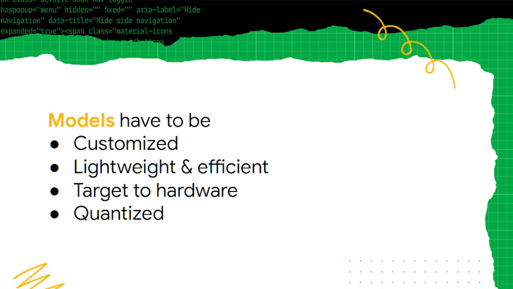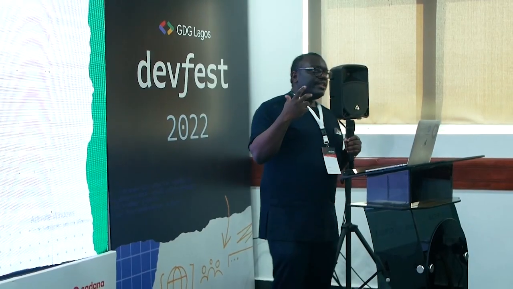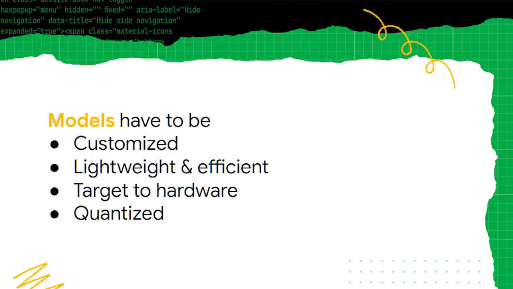So with all of these considerations in mind, we then know that the models that you're building have to be customized for the system. We've said that the processor is not as capable as what you have on the desktop, so these models need to be small, but they also need to be efficient, right?